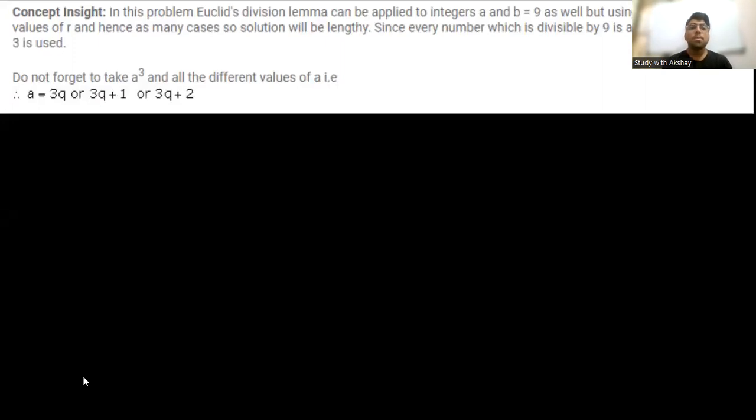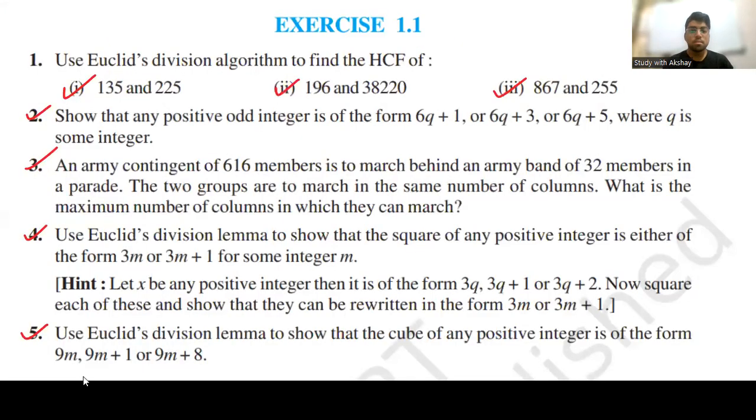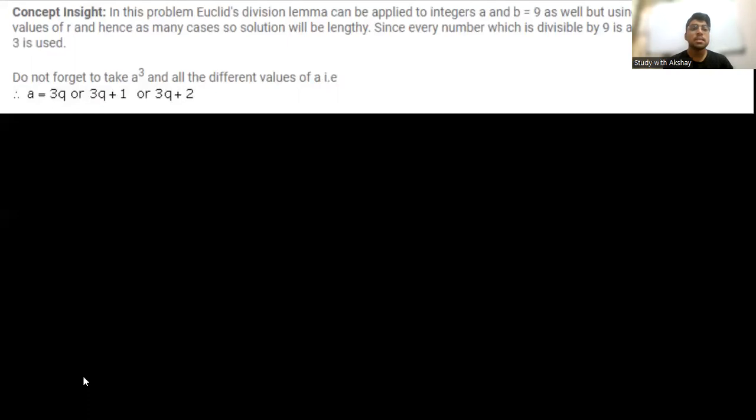In the problem, Euclid's division lemma can be applied with integers a and b equal to 9, and using 9 will give us 9 values of r, and hence many cases, so the solution will be lengthy. Since every number divisible by 9 is also divisible by 3, 3 is used.